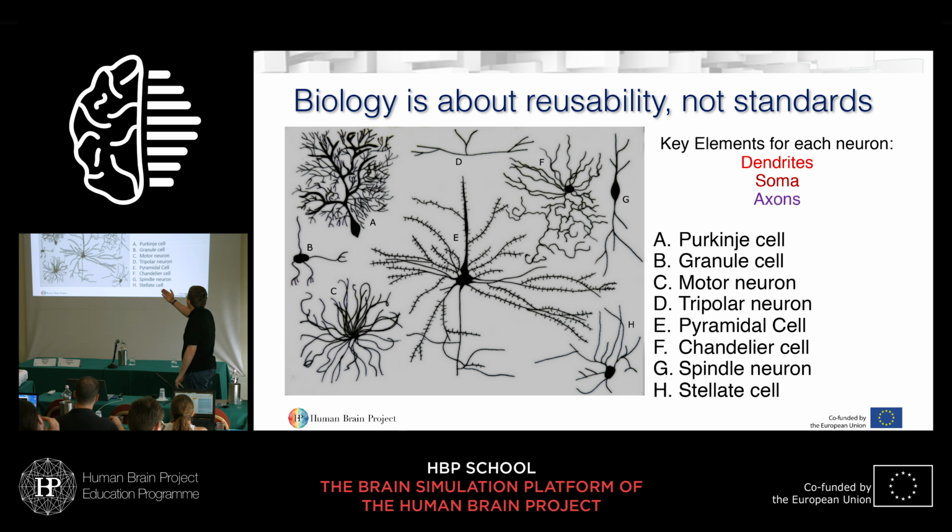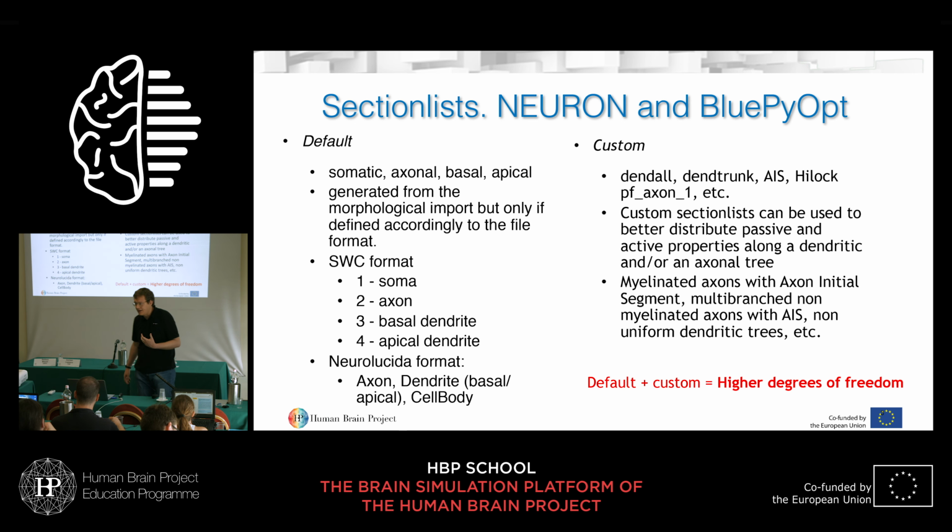If I take a Purkinje cell, it has a huge dendritic tree with many sections, different diameters, different lengths. But a granule cell has only 4 dendrites and a small axon. And if I take an entirely different cell, for example a pyramidal cell, it is even bigger than a Purkinje cell, but it has a different distribution of the dendrites based on the diameters, the lengths, and so on. So each cell is different from the others.